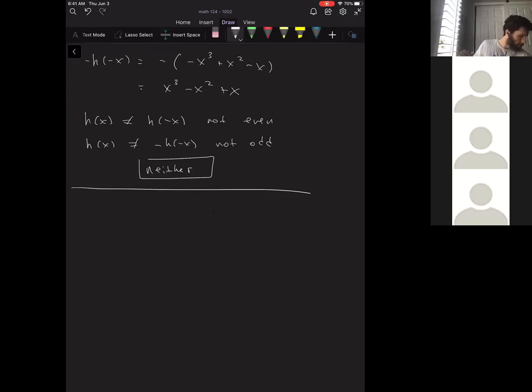So what we're going to want to do is use transformations to graph. Let's do f of x is equal to 2 times (x plus 3) squared minus 1, and then we want to graph each transformation.